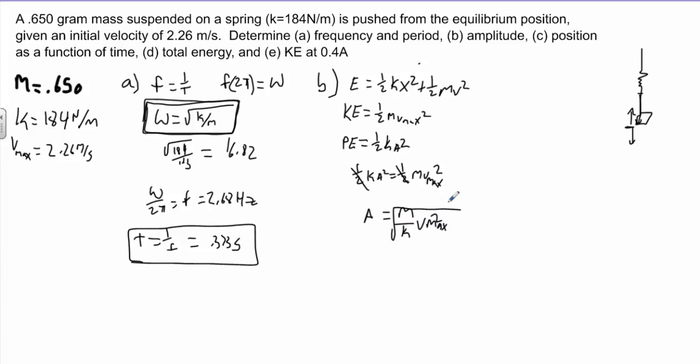So I know m, it's 0.65. We know k, divided by 184. And we know v max, it was given, times 2.26 squared, and raise that to the 1/2 power, and we get an amplitude A equals 0.134 meters, or 13.4 centimeters.